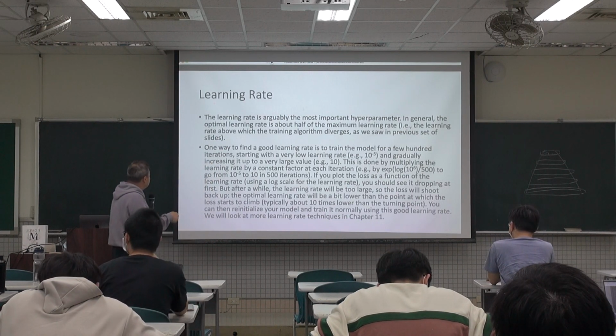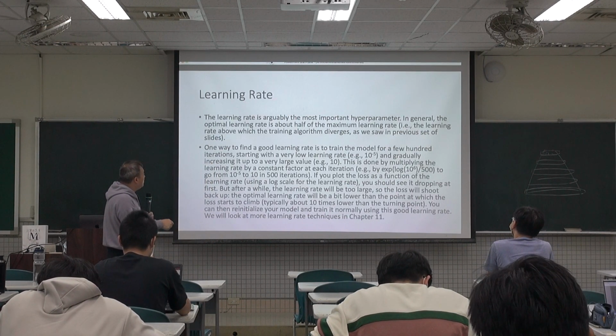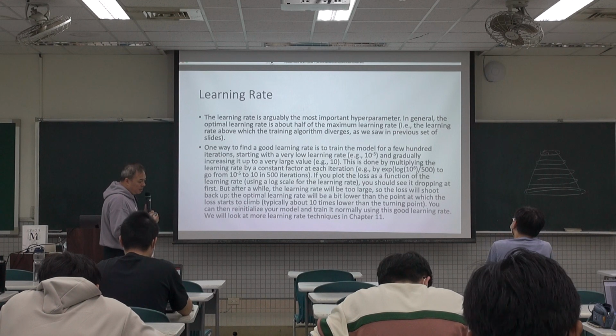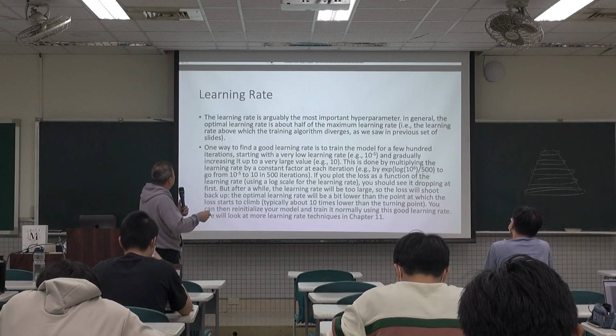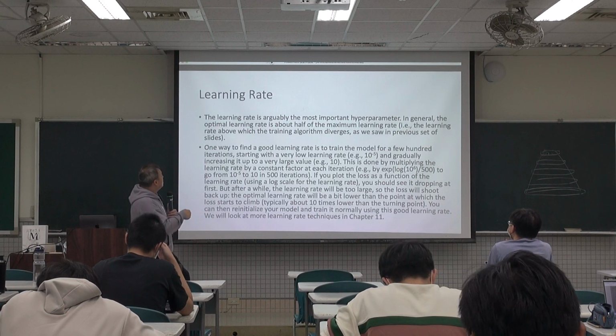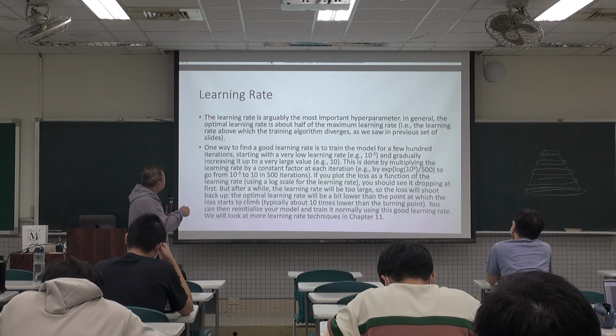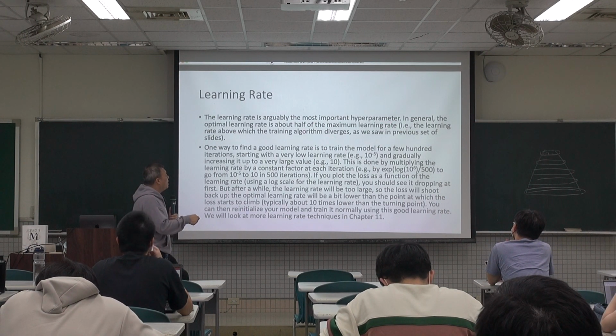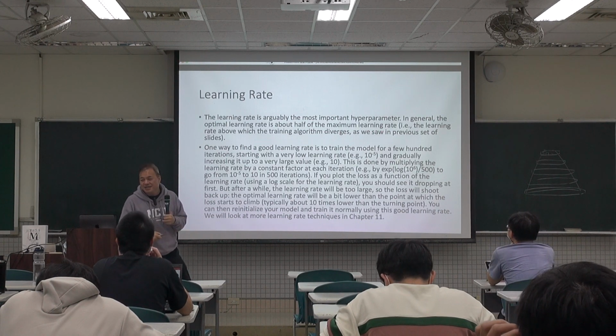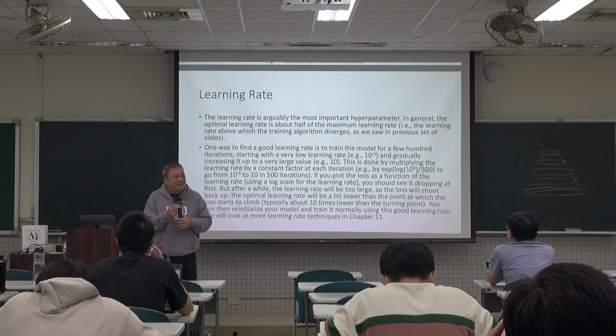The learning rate is obviously also a very important hyperparameter. The optimal learning rate is about half of the maximal learning rate. But you may ask, what is the maximal learning rate? It seems like it doesn't say anything.